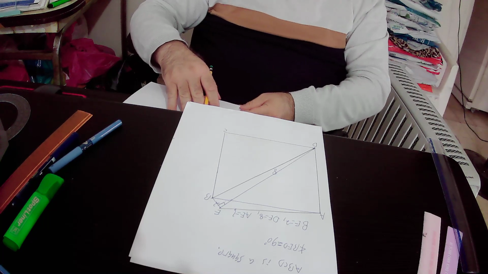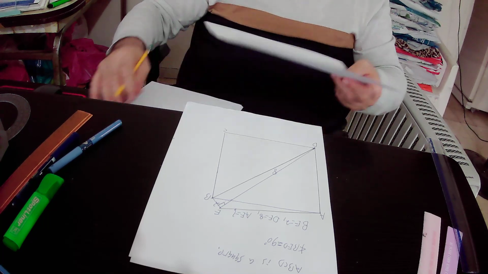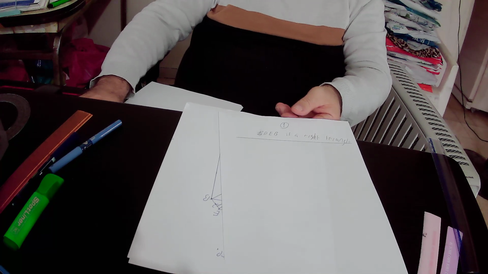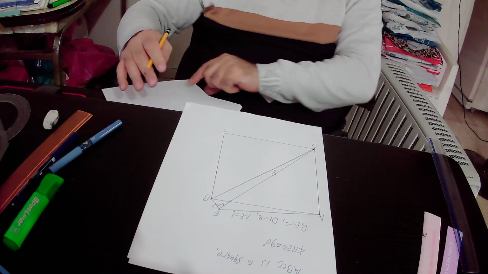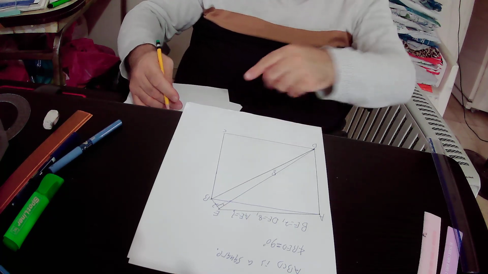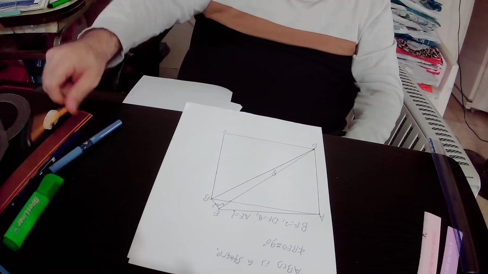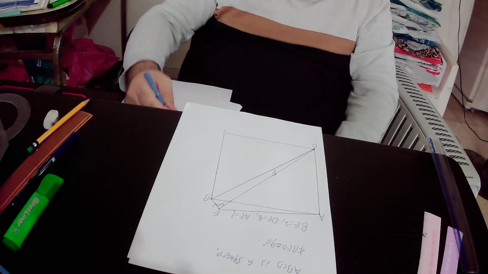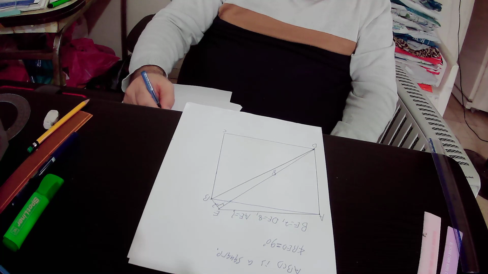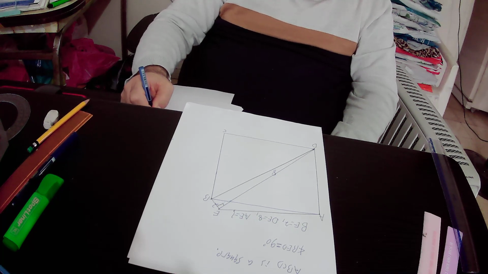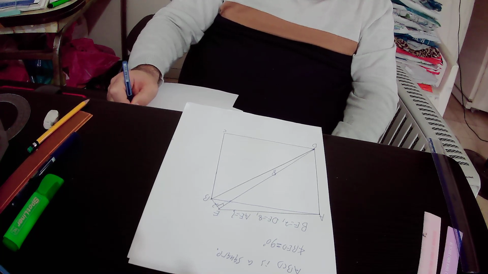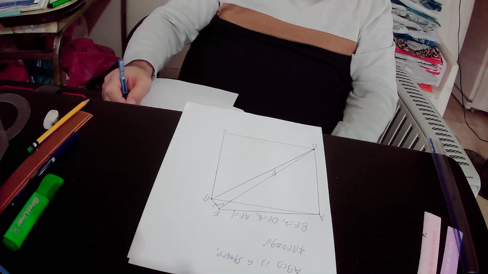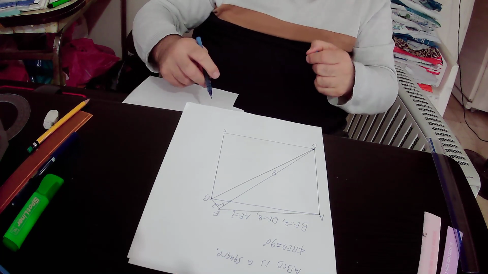So we know that triangle DEB is a right triangle, therefore we can implement the Pythagoras theorem in it. According to the Pythagoras theorem, the square of the hypotenuse equals the sum of the squares of the perpendiculars.